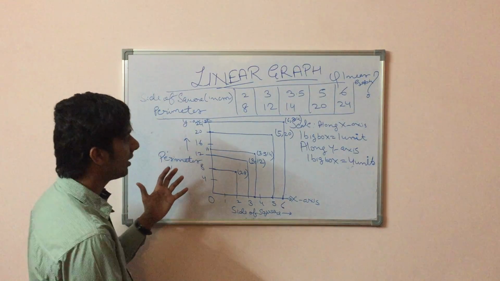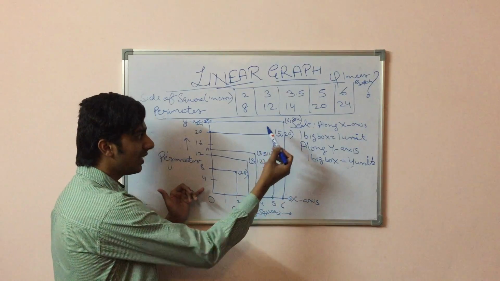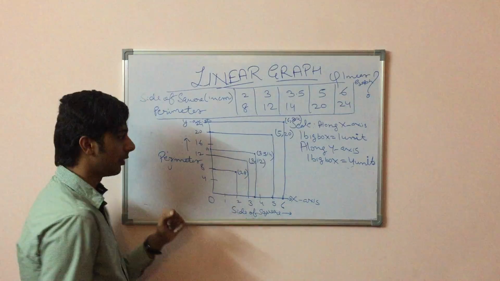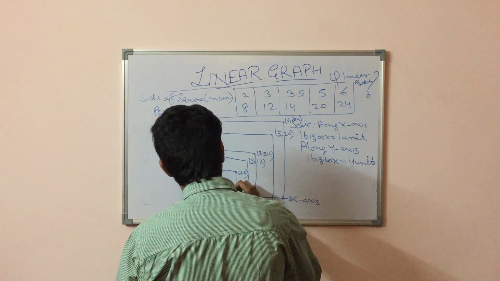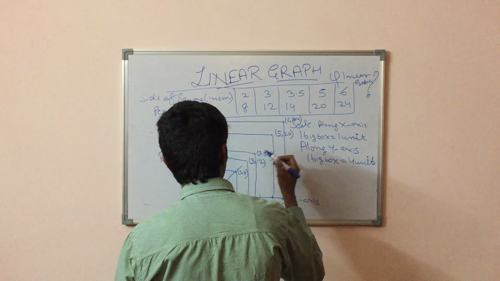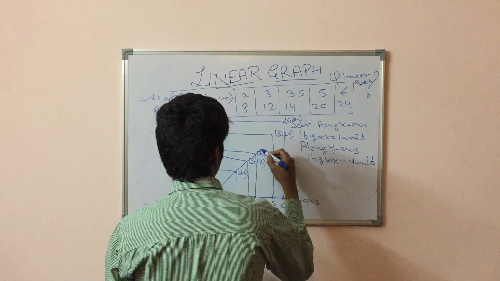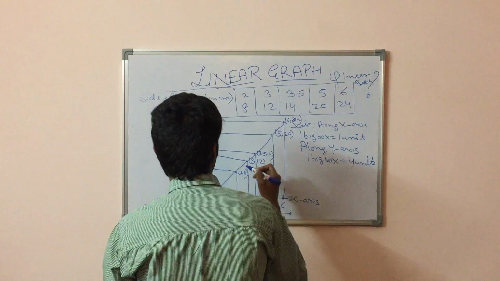When is it called a linear graph? If you start from the point of origin and you get a straight line, then only you can say it is a linear graph. So let's see whether it is joining as a straight line. Yes.